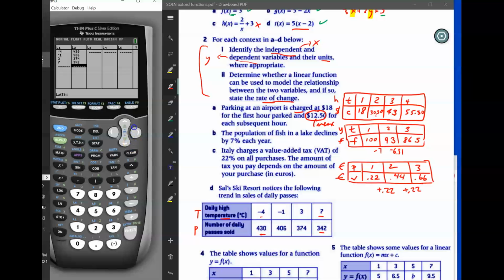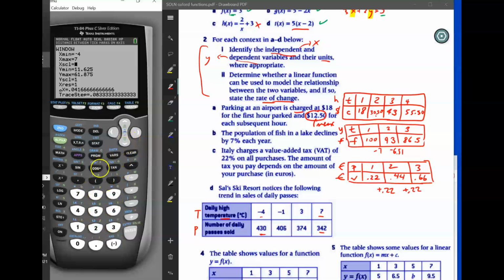And I'm going to graph it. Except it's going to be off the screen, so I need to first of all adjust my x values so that it goes from -4 to 7. So I'm going to change the window, and I'm going to put -4 and 7 for my x min and my x max.